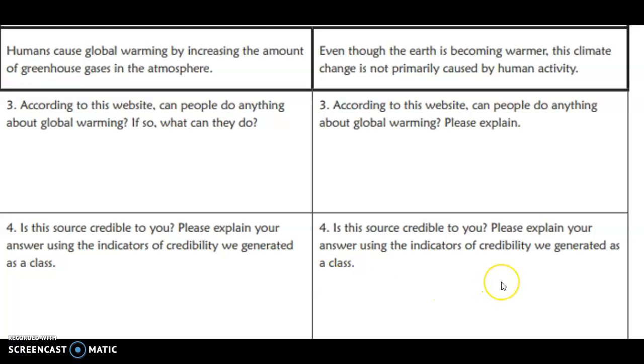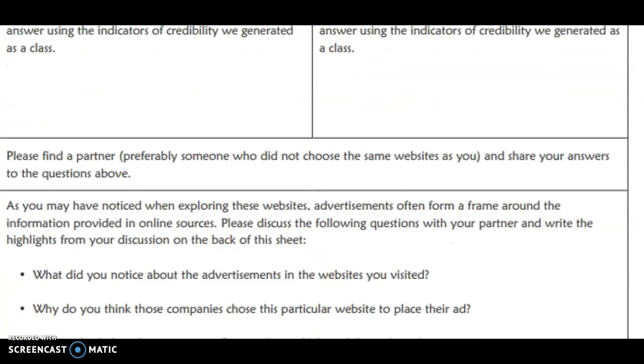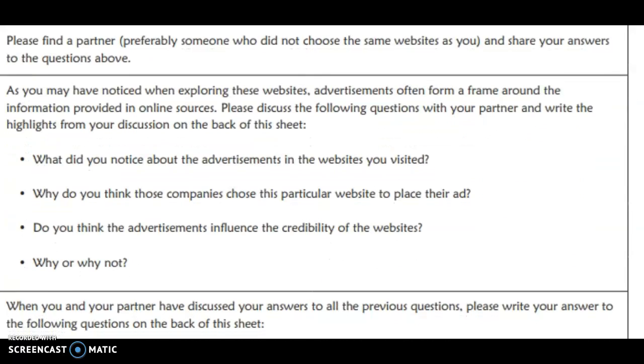And you're going to do the same thing for this side. So you're not choosing sides. You are actually going to be examining one website from this side of the great debate and then one website from this side of the great debate, okay? And finally, if we get to this today, we will work together as partners.